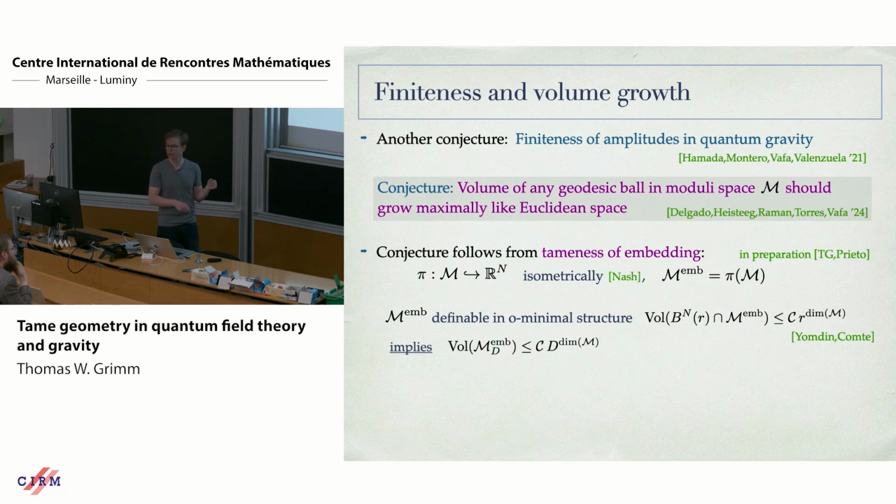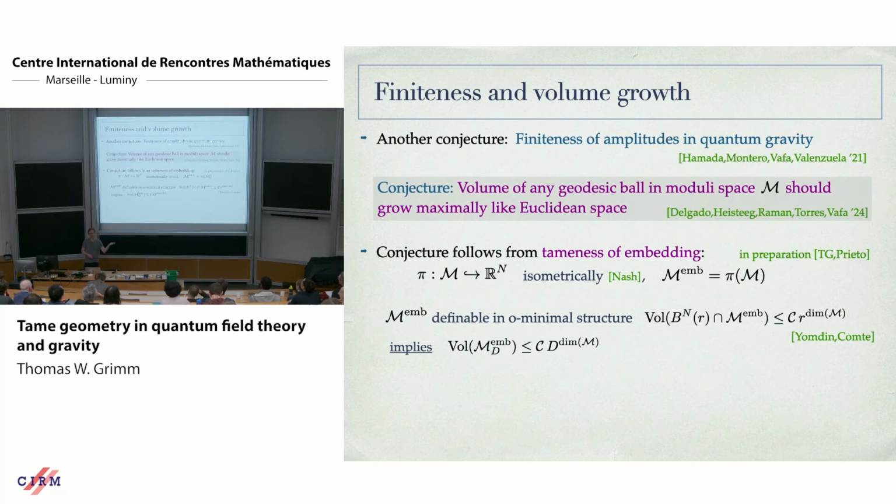Then I can use these volume bounds which I gave in the very beginning. I gave them just for polynomials, but they are more generally true for o-minimal sets. So you can translate this back to the manifold, and it implies exactly this sort of scaling. But it also implies that the upper half plane with the hyperbolic metric has no tame embedding into any R^n, isometric.